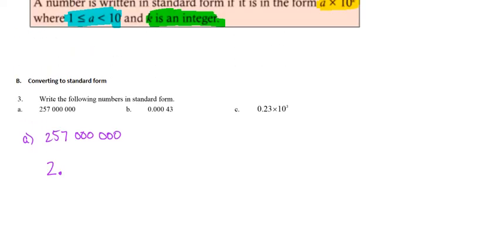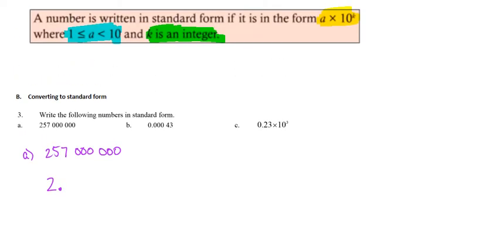Here, the first non-zero digit is the first digit of the number, which is the 2. So we start with that first significant figure, and we place our decimal after it. That ensures that our a value is going to be between 1 and 10.